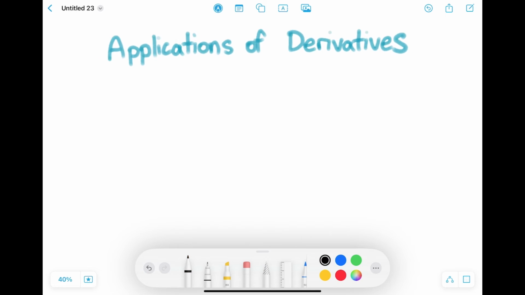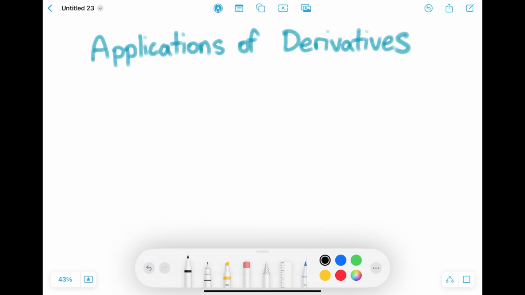Last topic to really cover in terms of applications, at least applications we should definitely know in terms of the Calc 1 aspect, is going to be our common differential equations. So our Diff Eqs, right? And what a differential equation is, is just some equation that has a differential.